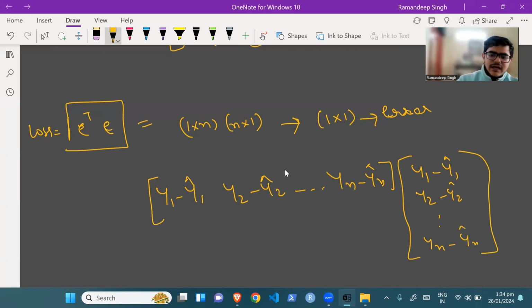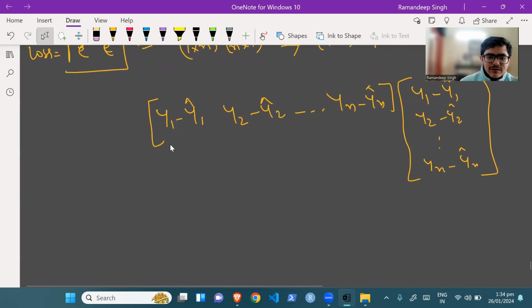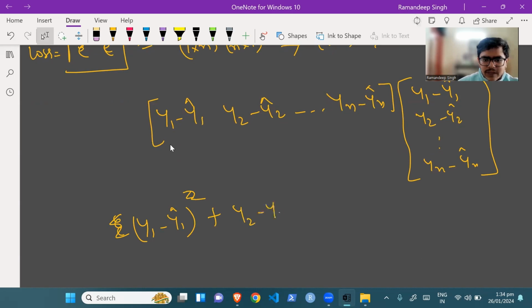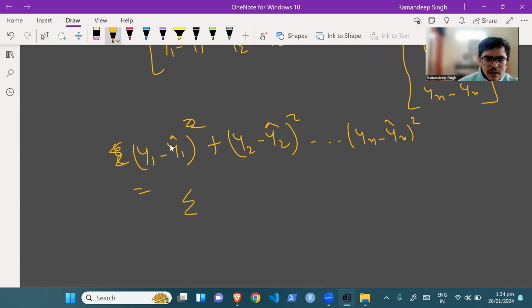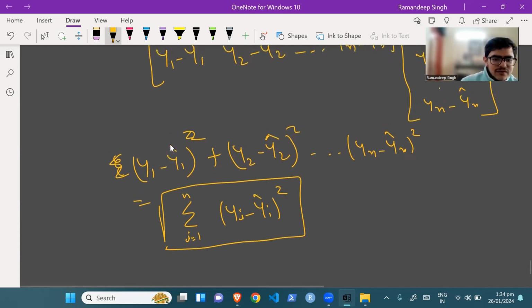And you will notice that if we multiply these two matrices, it will be of the form y1 minus y1 hat whole square plus y2 minus y2 hat whole square up to yn minus yn hat whole square. And we can write it as summation i equals 1 up to n yi minus yi hat whole square. And see, this was the loss function where we started, and this is equal to E transpose E.